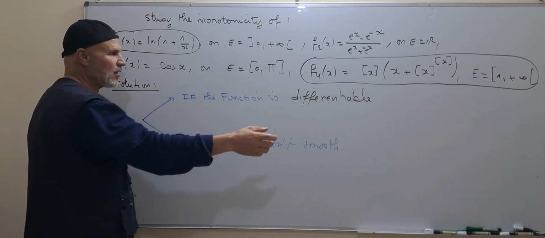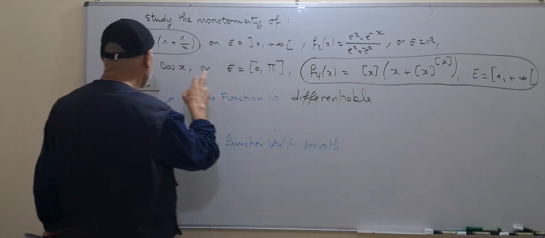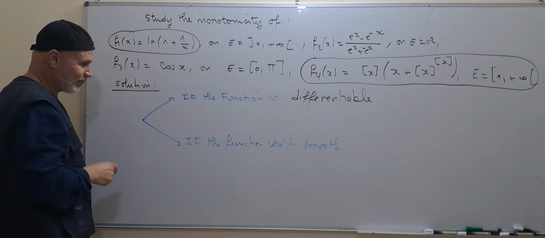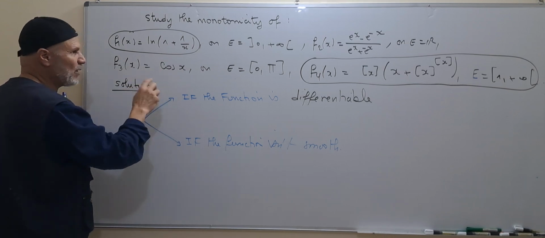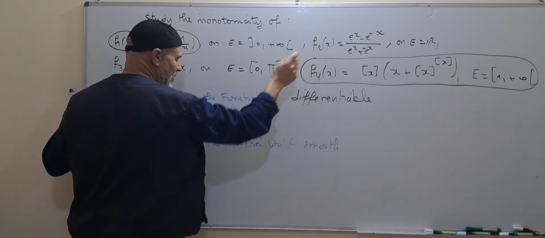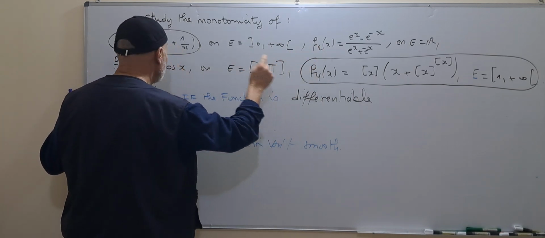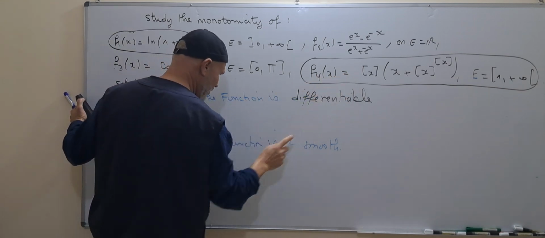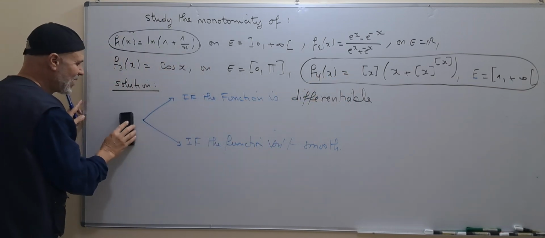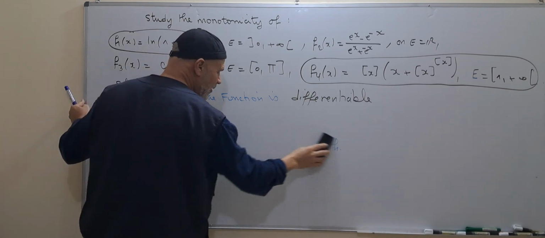This one isn't smooth enough, but this one is smooth. Despite this, we will use this technique for these two, and this technique for these two functions. Let us get started.